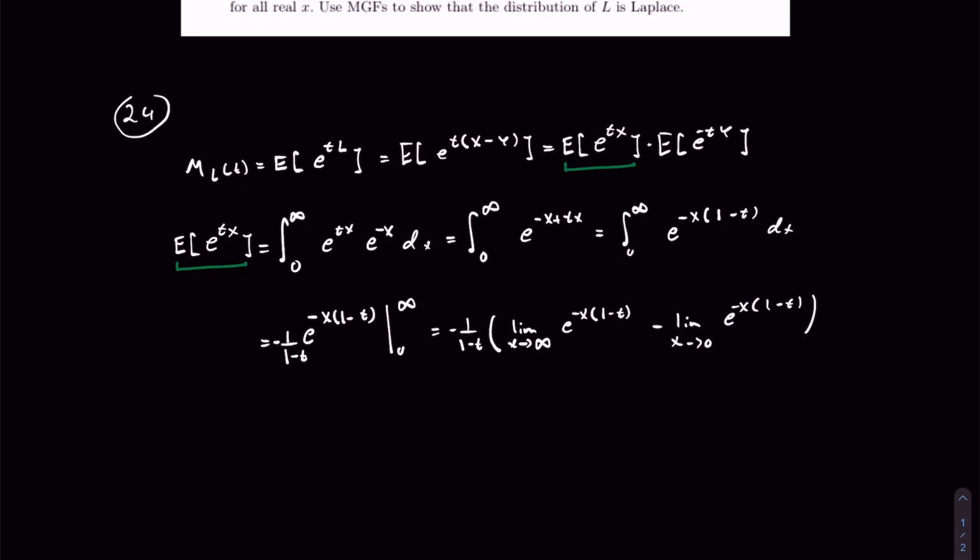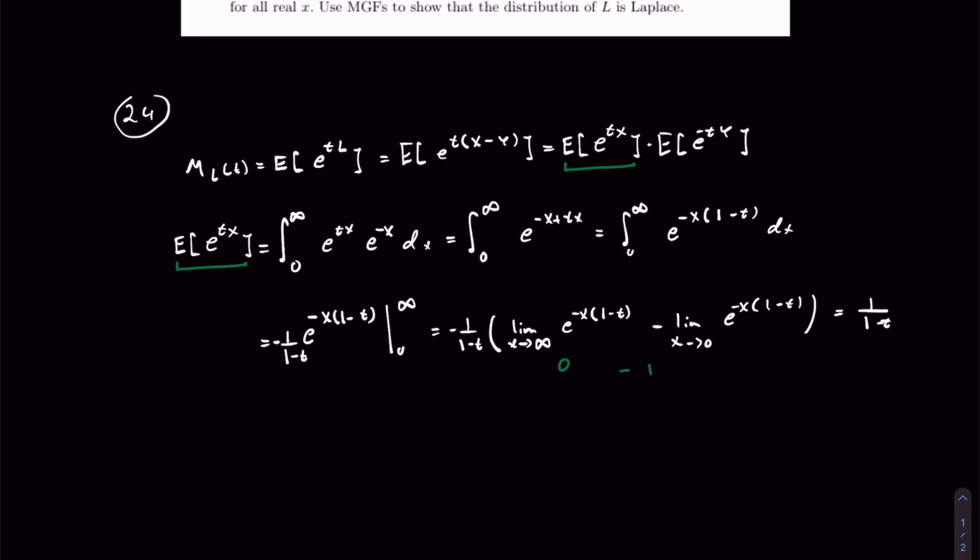So we end up having 0 minus 1, multiplied by the minus, which ends up being 1 over 1 minus t.